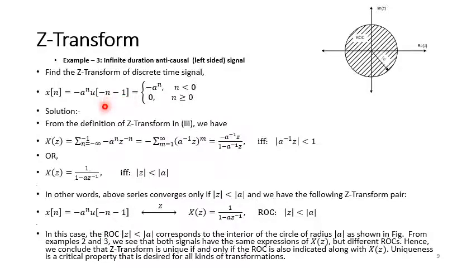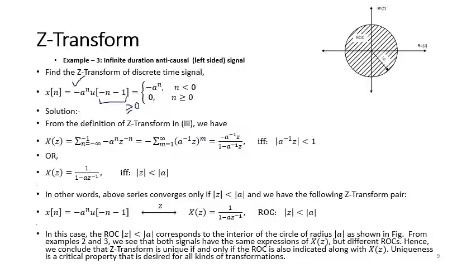It will be on only when its argument, in this case this one, is equal to or greater than 0. Only in this condition we will have the value of the signal. If this condition is not satisfied, that means the argument is less than 0, in that case the step will be 0, and anything multiplied by 0 will result into 0.